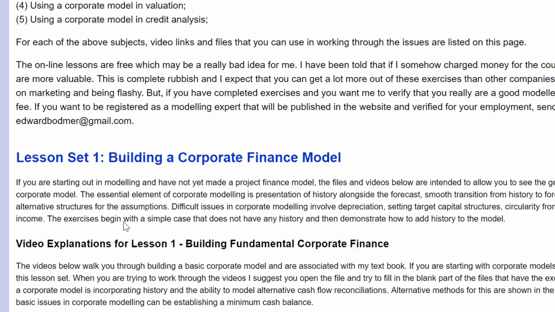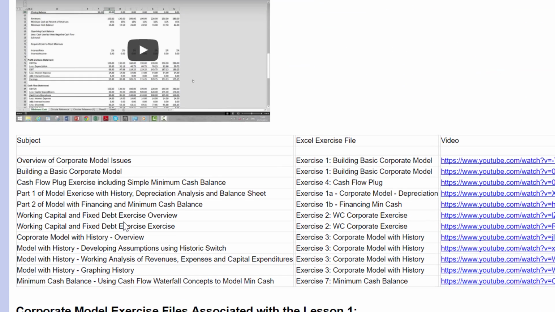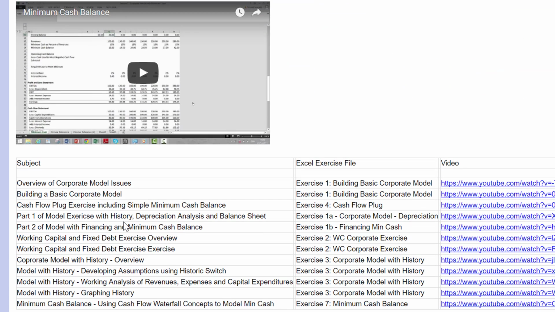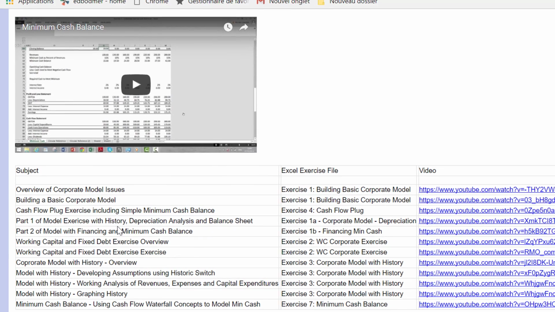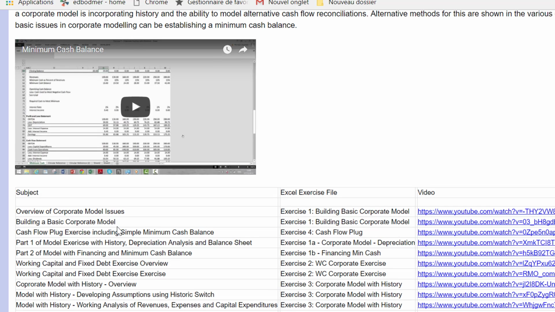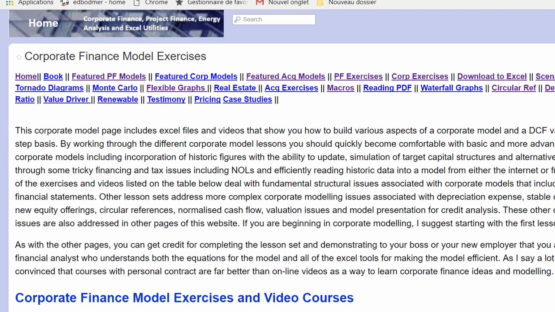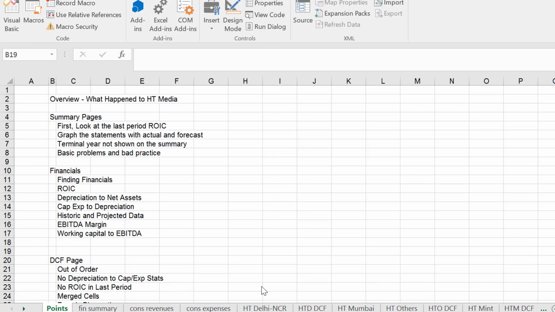Another way is to click on this corporate modeling page and go to this lesson set 1, which takes a model and makes it from A to Z. You begin with the assumptions, and then it goes line by line. How boring is that? Now, maybe that's why not many people have really looked at that.